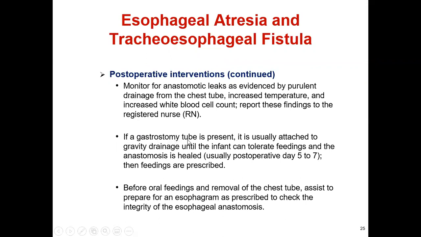If a gastrostomy tube is placed, it is usually attached to gravity drainage until the infant can tolerate feedings and the anastomosis is healed. Before oral feeding and removal of the chest tube, assist to prepare for esophageal study as prescribed.